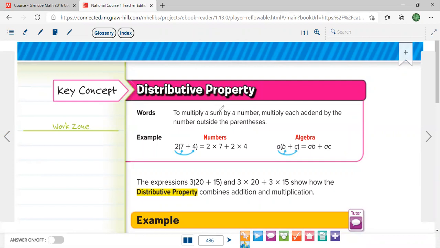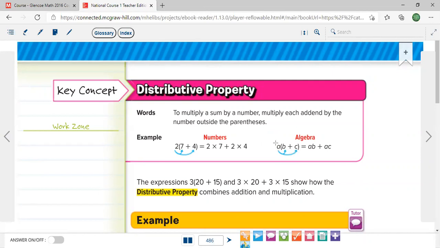To multiply a sum by a number, multiply each addend by the number outside the parentheses. Means this 2 should be multiplied by 7, then you put the plus sign, then this 2 should be multiplied by the 4.